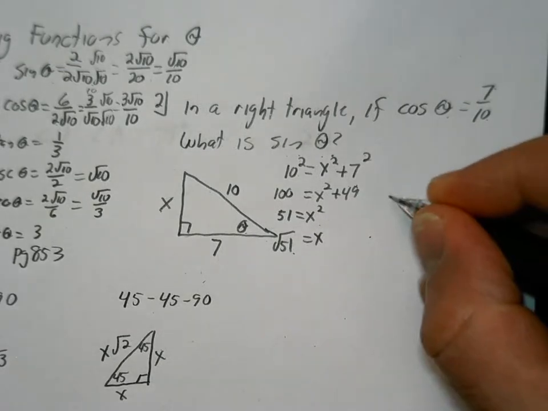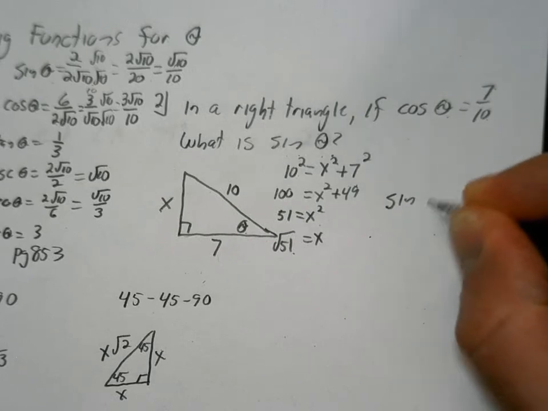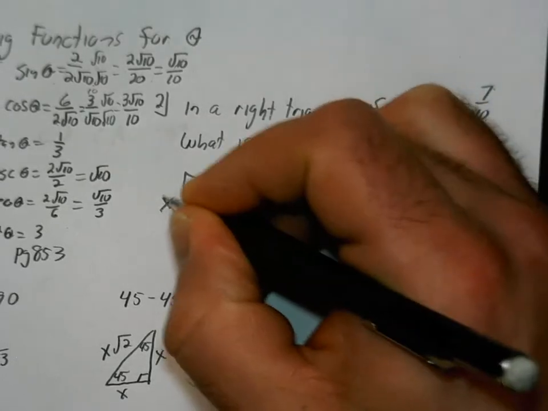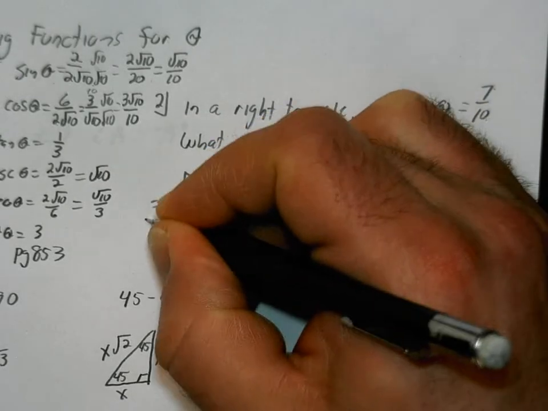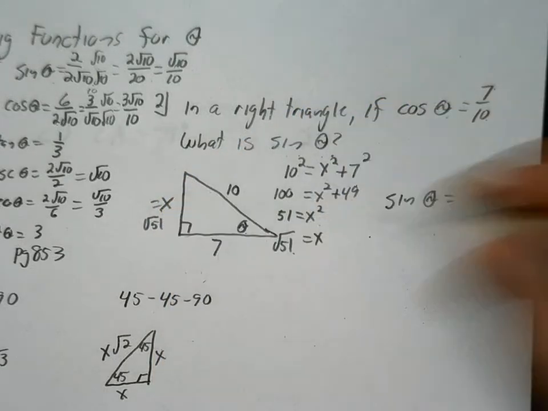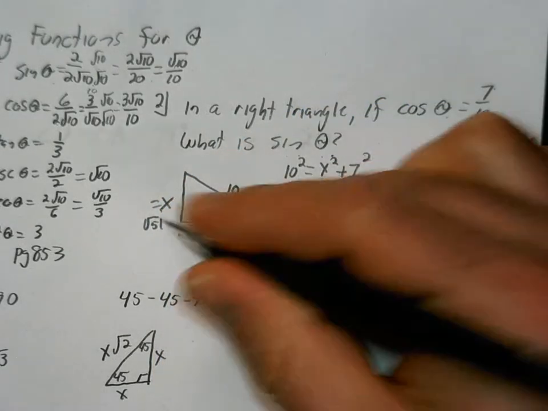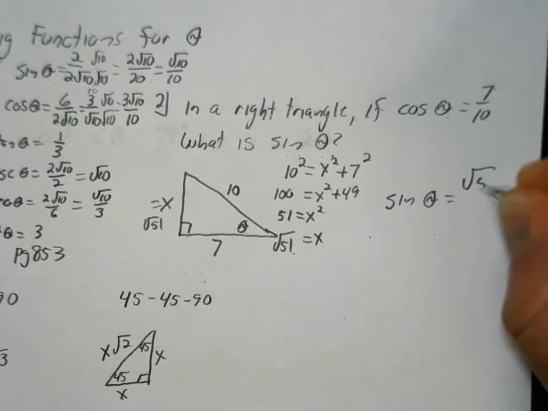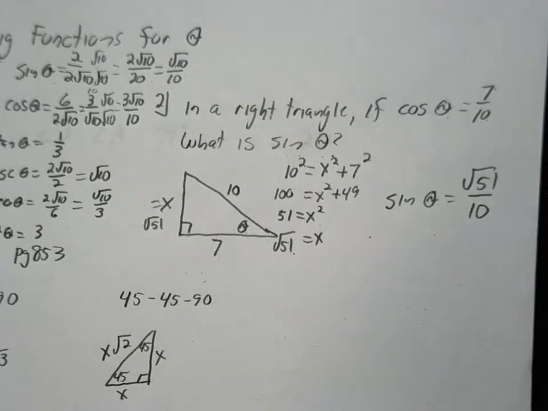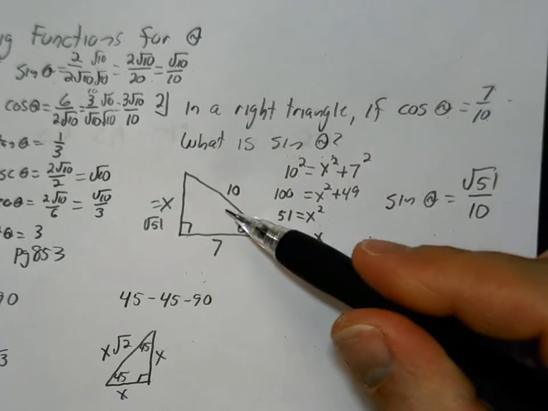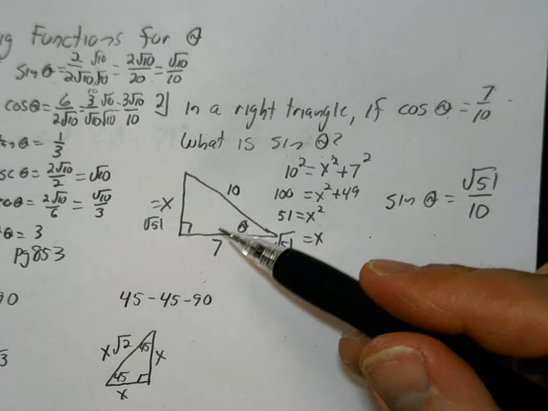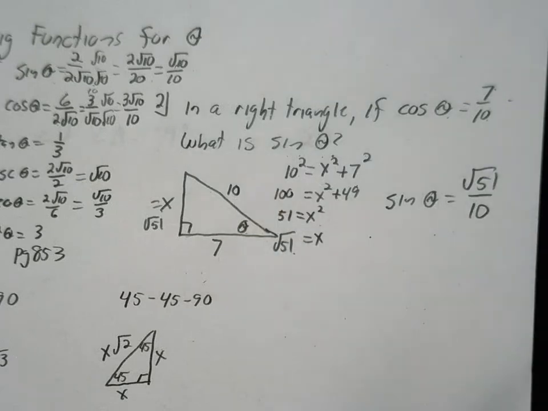So therefore our sine of theta, this is the square root of 51. Sine would be opposite over hypotenuse, so the square root of 51 over 10. And we'd leave it like that. Okay, so take what's given, label a triangle, find the missing part, and then find the other ratio.